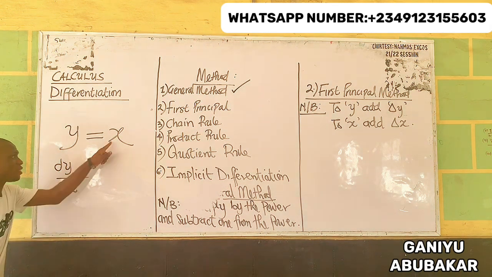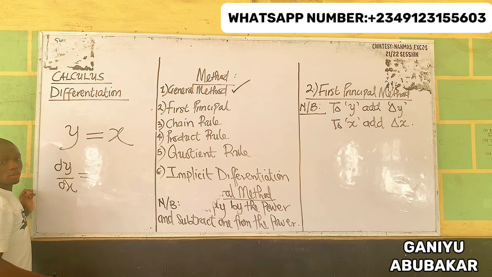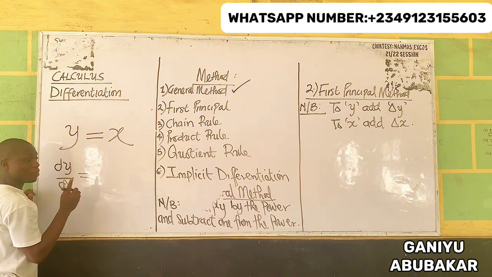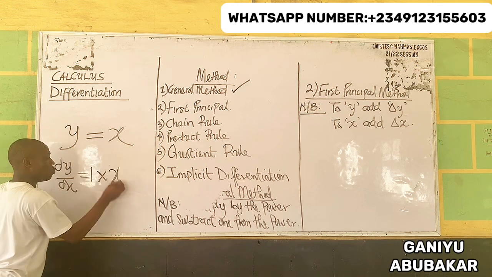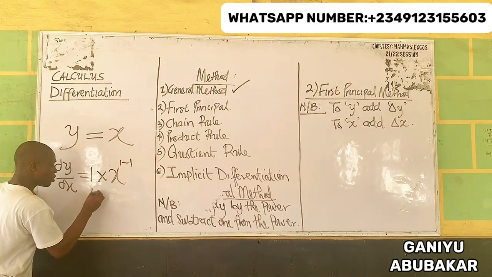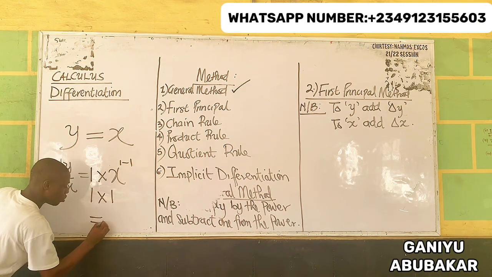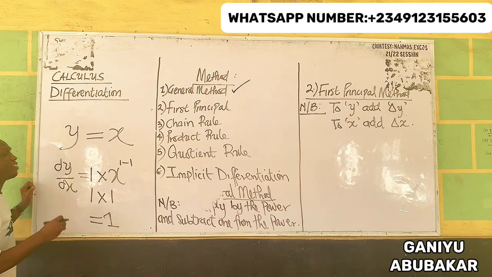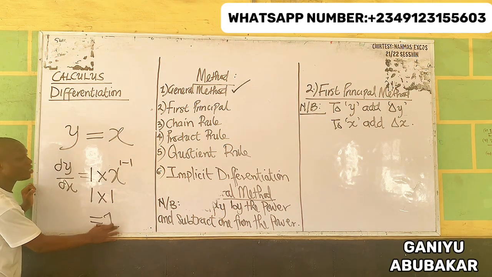If I differentiate x, without solving, I'll show the keyword. We said, what's the power here? 1, multiply by the power. That's 1 times x to power 1 minus 1. Am I correct? This is 1 times x to power 0, which is 1. So if I differentiate x, I'll have 1 as my answer, using the general method.